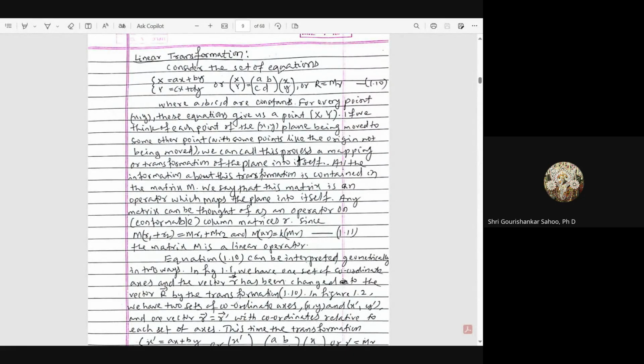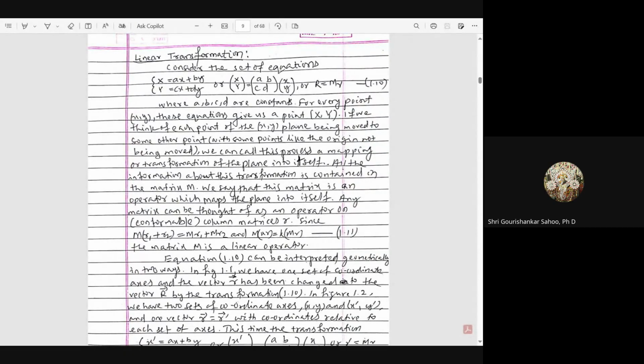For every point x comma y, these equations give us a point capital X comma capital Y. So if we think of each point of the x, y plane being moved to some other point, with some points like the origin not being moved, we can call this process a mapping or transformation of the plane into itself.